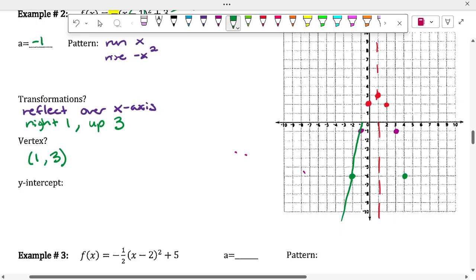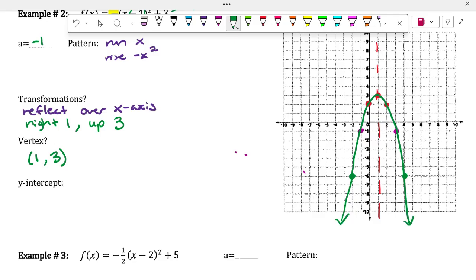So my graph will look something like this. Typically when I ask you to graph a quadratic, I want at least 5 points, including the vertex. We actually graph 7, but sometimes I just like to get as much as I can fit on the graph, so I get a good idea of what the picture looks like.